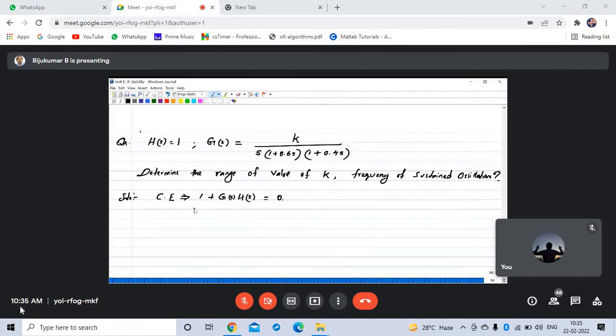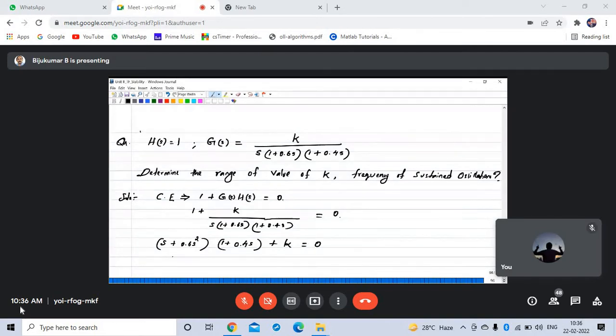If you substitute the gain values in this relation, finally you will get the polynomial s times (1 plus 0.6s) multiplied by (1 plus 0.4s) plus K is equal to 0.